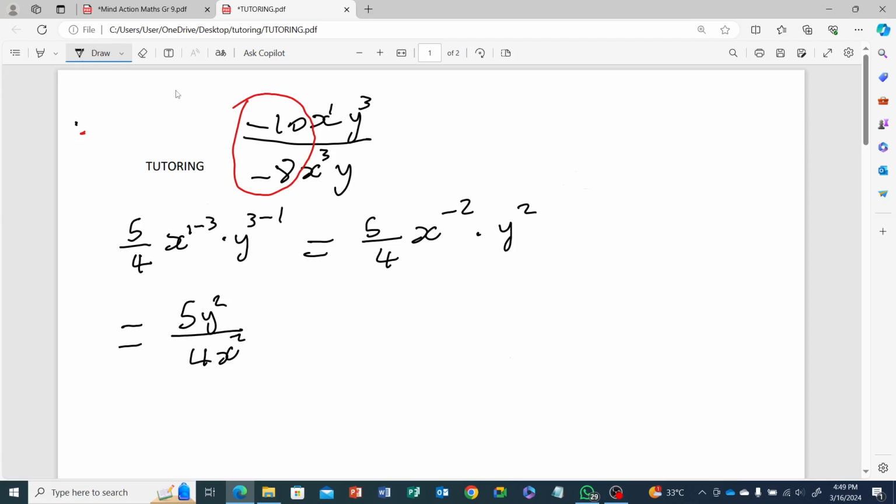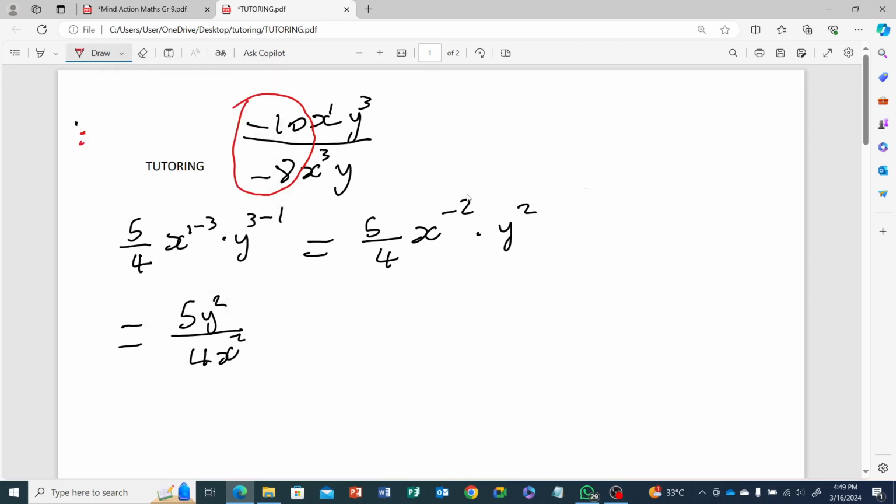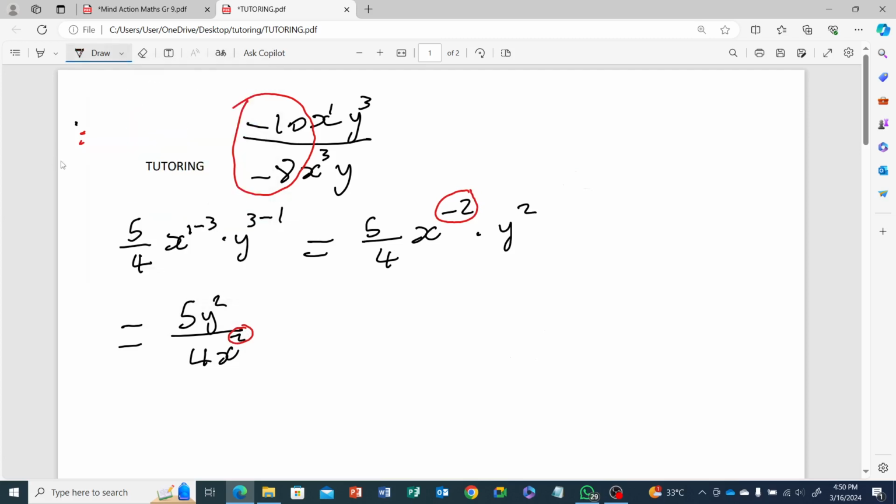Now notice the change in the power of x. It was negative, but when I made it a denominator, it became a positive 2. Okay, please take note of that. All right.